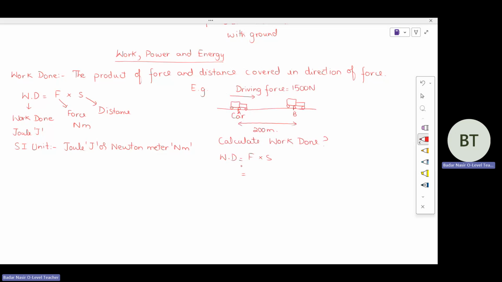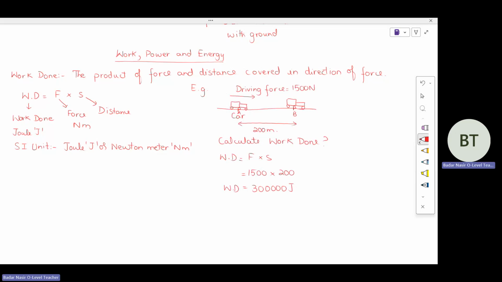So let's say the driving force is horizontal and the distance is also being covered in the same direction. So we can directly multiply 1500 times 200. So we get 300,000. This is the work done that we will get.